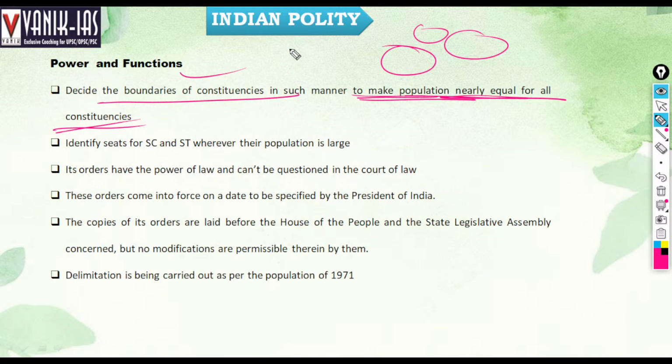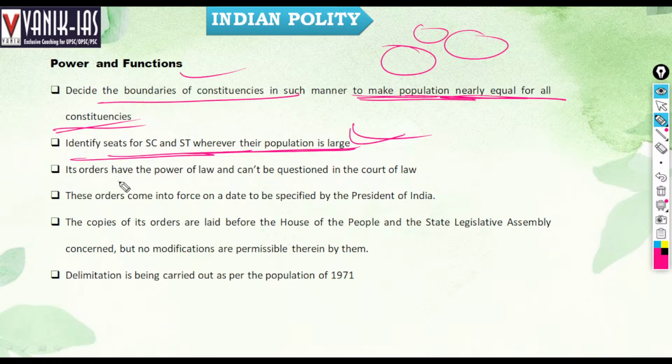So what are the power and functions of the delimitation commission? Decide the boundaries of constituencies in such a manner as to make the population nearly equal. Next, identify seats for scheduled castes and scheduled tribes wherever their population is large, because on the basis of that we will ensure reservation.